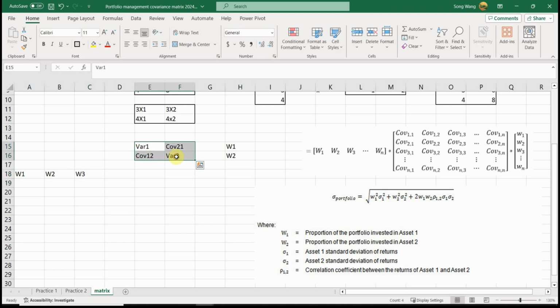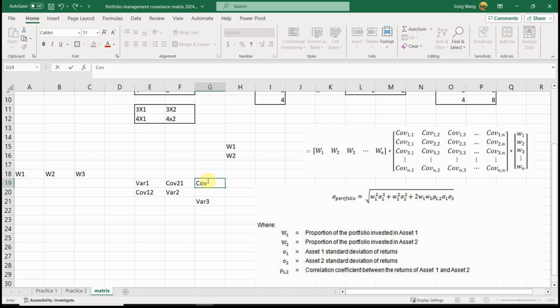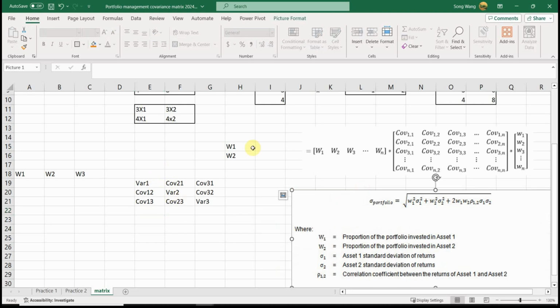And then my variance covariance matrix will have the variance of 3 here, and then the covariance between 3 and 1, the covariance between 3 and 2 here, the covariance between 2 and 3, and the covariance between 1 and 3. So that's how much I'm going to extend.